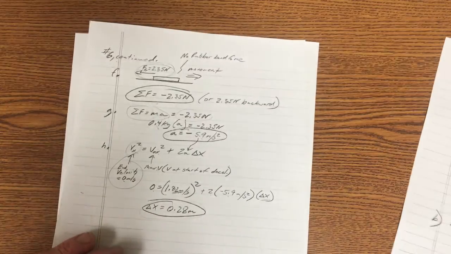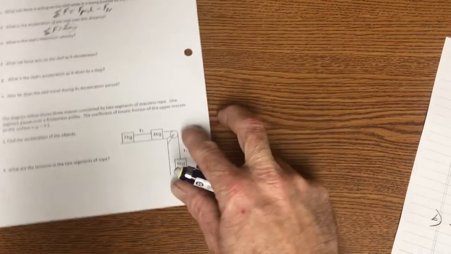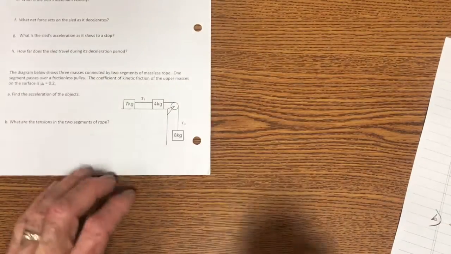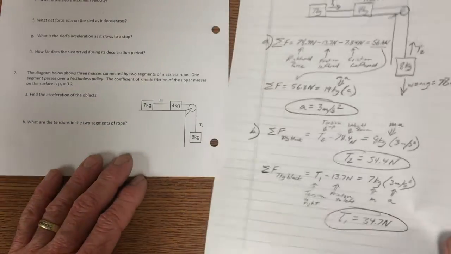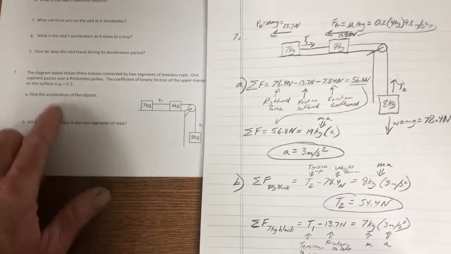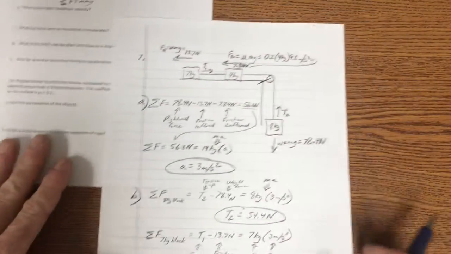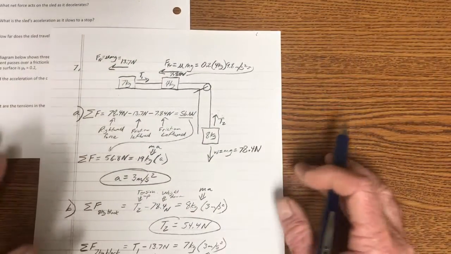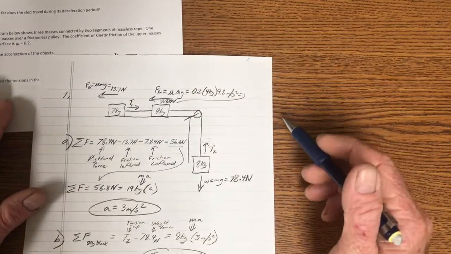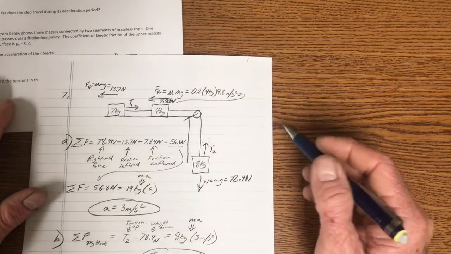Let's see, the last problem is a multi-body problem, and we're supposed to find the accelerations of the objects and then the tensions in the two segments. So I did this last year. I just printed this out. I might explain it differently if I did it now.